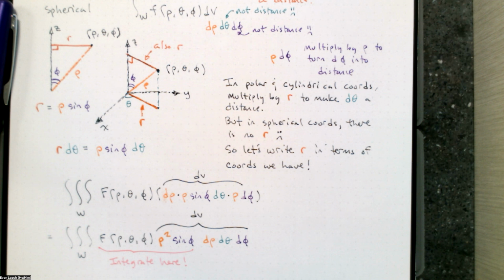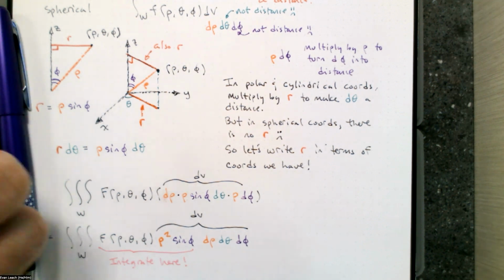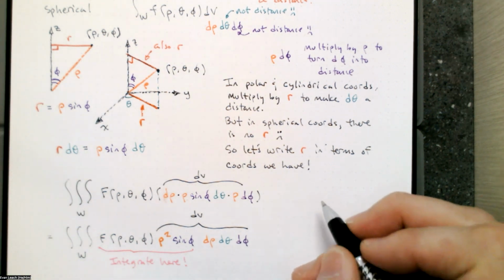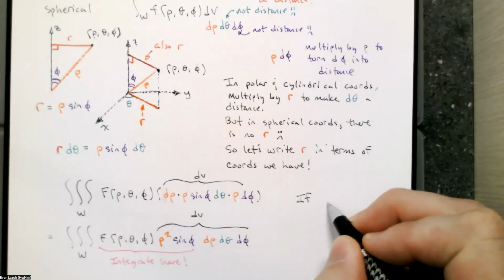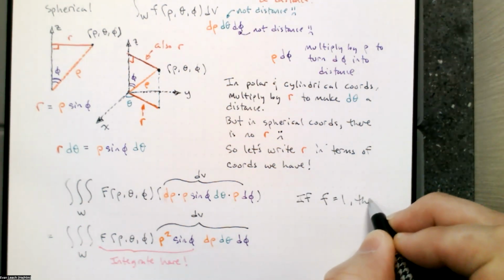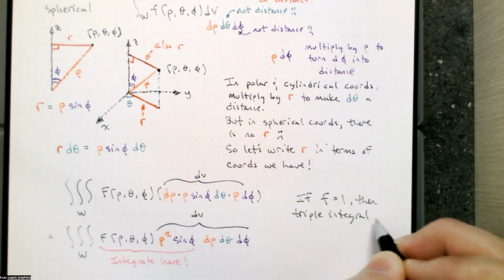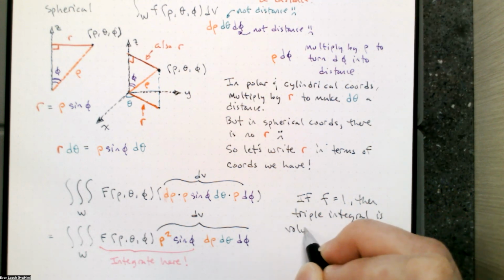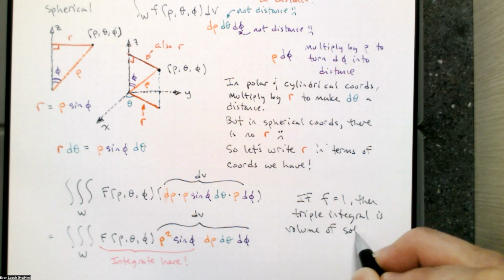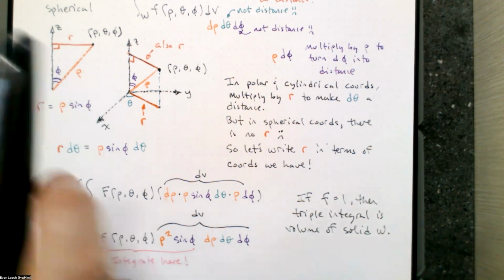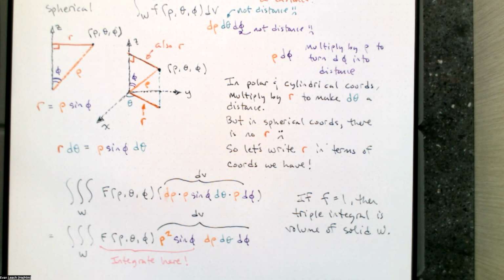Just like before, if we make our function equal to 1, then our triple integral will just describe the volume of the solid W. Just like if we make a single integral of the function 1, we get the length of the interval.